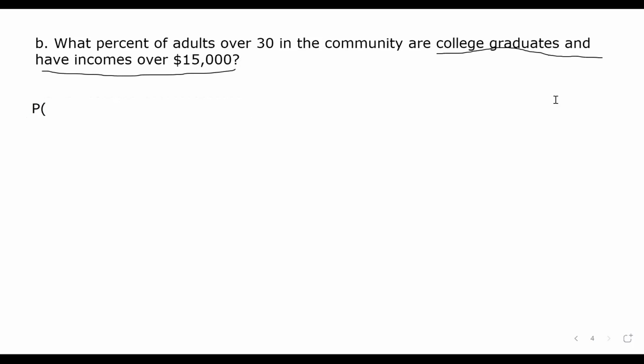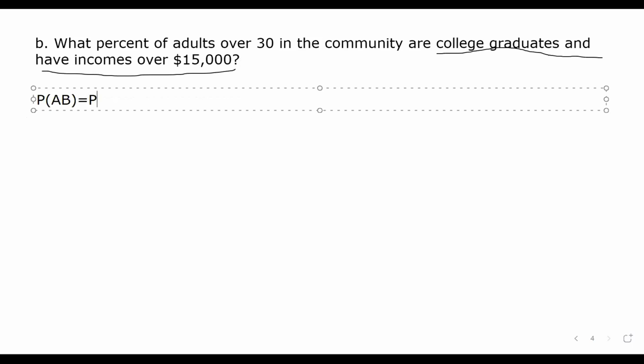And so P of AB is equal to P of A given B times the probability of B. So then that's equal to the 80% from earlier, from the last problem, times the probability of B, which is 60%. And so you multiply those out and you get 0.48, and that's 48%.